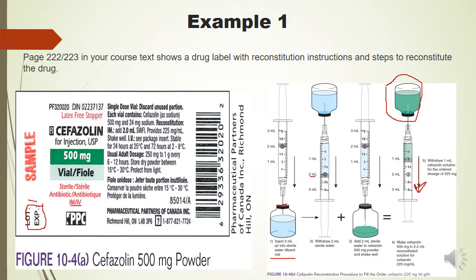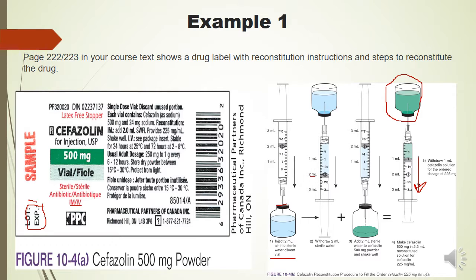Reconstitution, so if we were administering it IM, you can see right here, we're adding 2 milliliters of SWFI, that's basically the solvent that has the preservative in it, which we don't have access to most of the time.